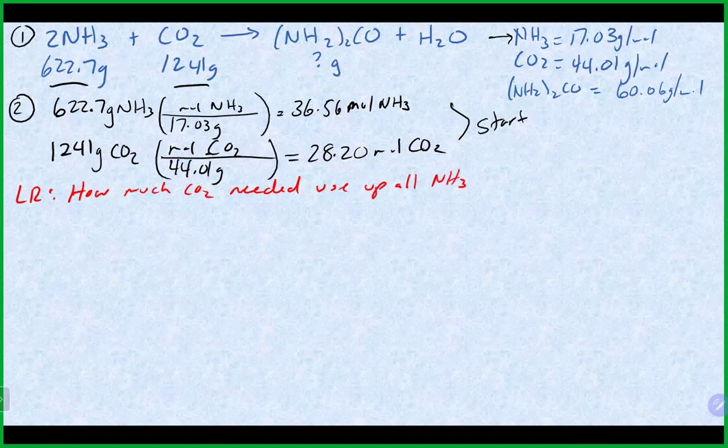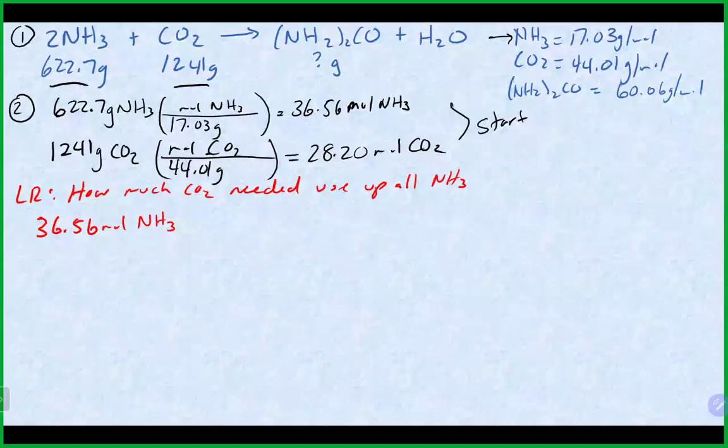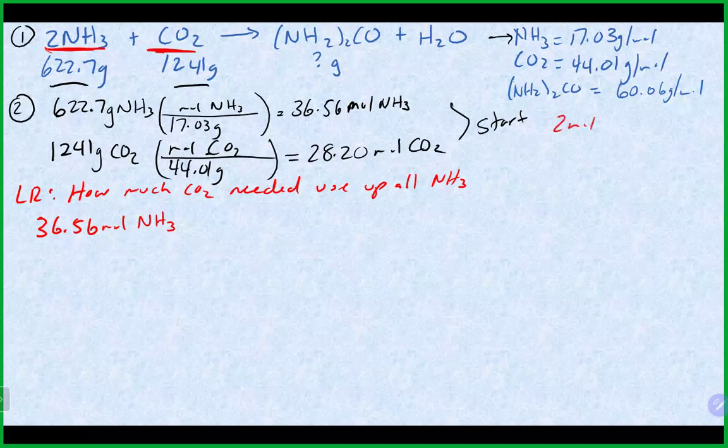So I'm going to take the moles of my NH3 I'm starting with. I'm going to do the mole to mole relationship from the equation between the NH3 and the CO2. And from that, 2 moles of NH3 gives me 1 mole of CO2. So using that as our conversion factor, we're going to be able to figure out how much CO2 we need.